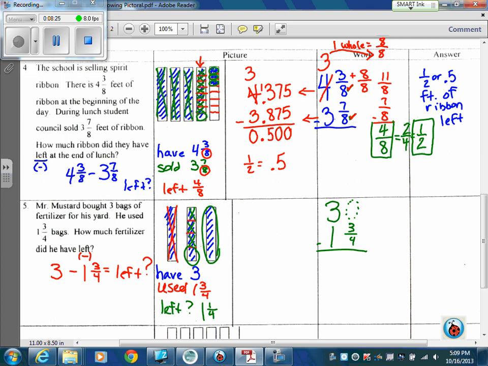So I'm taking a part of my 3 away. So I've got to borrow because I have to have a fraction here in order to subtract. So I'm going to borrow from 3. That becomes 2. Remember that this is giving me 1 whole, but I need the whole in a fraction form.